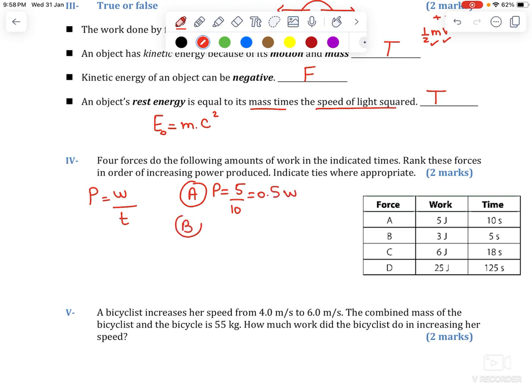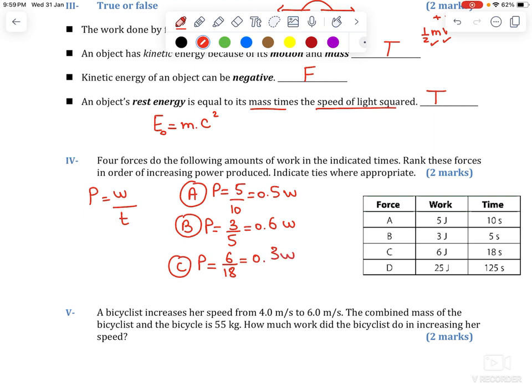For B, the power is 3/5, which will give me 0.6 watt. C, the power is 6/18, which will give me almost 0.3 watt.